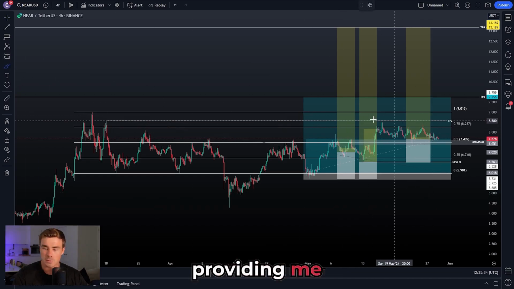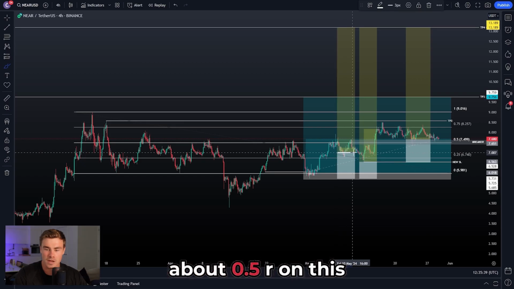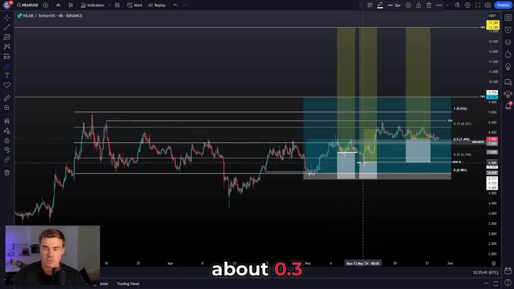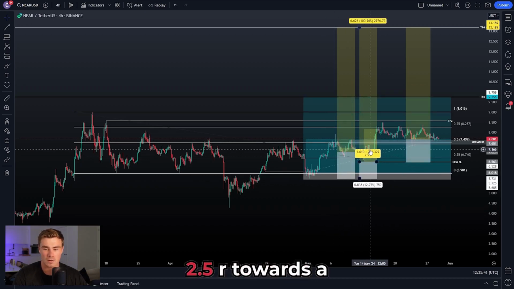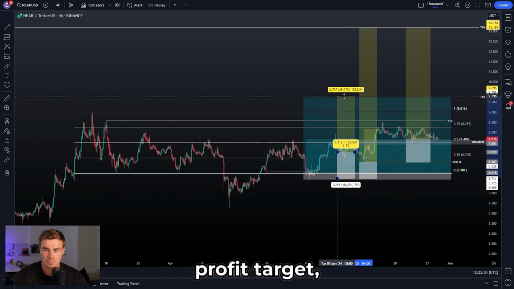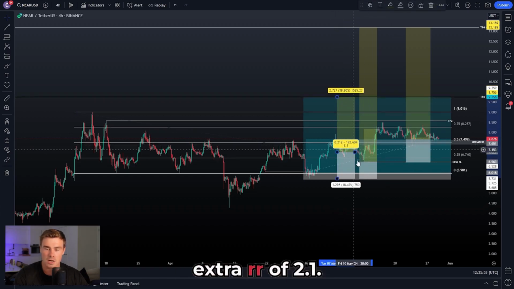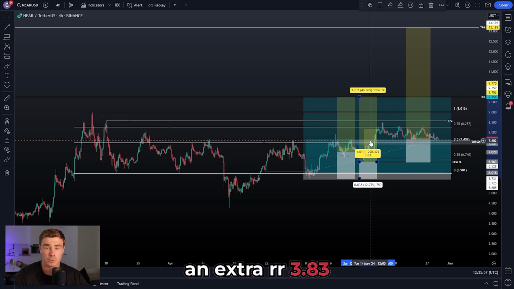The chart providing me with new triggers, I started looking for new execution. So I risk about 0.5R on this entry and about 0.3R on this entry. Now instead of locking in a total gain of 2.5R towards a final take profit target, if we would go from here towards that final take profit target, it would offer an extra RR of 2.1, and from the second entry an extra RR of 3.83.